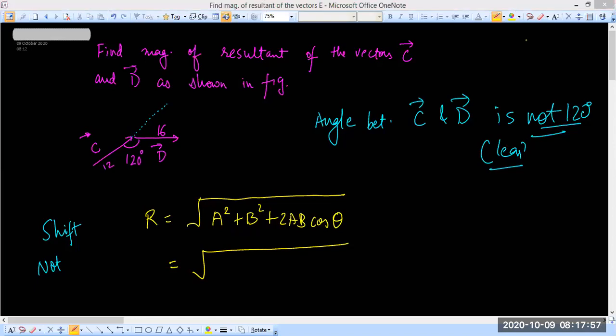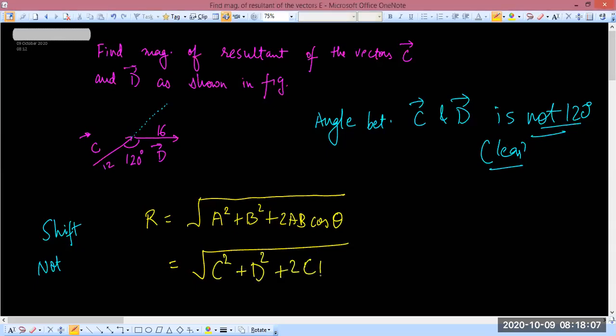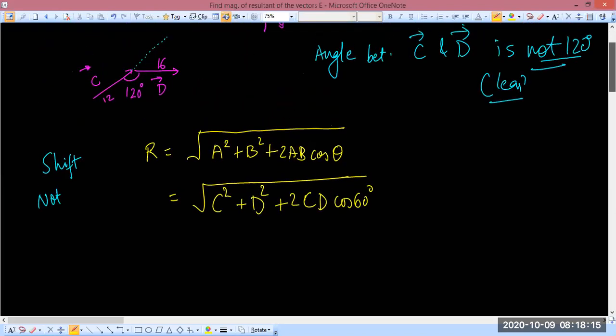Doesn't matter, we have to write the formula. Now we will put values. Instead of a it is c, instead of b it is d, so you can just write it like this. Clear?